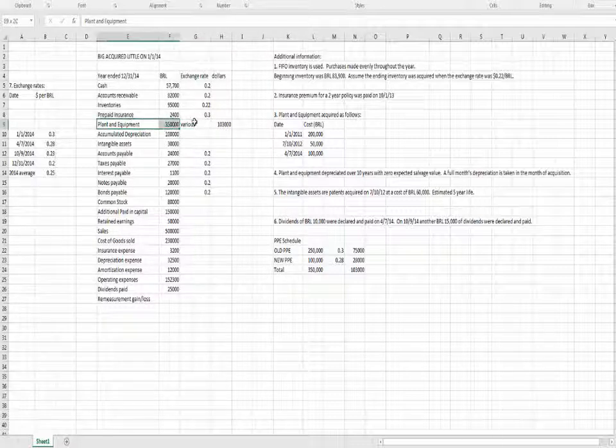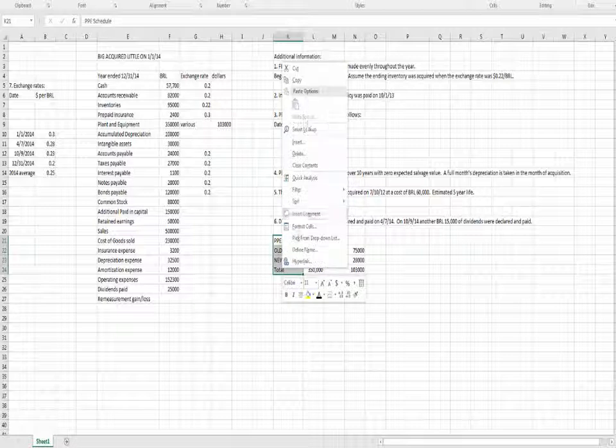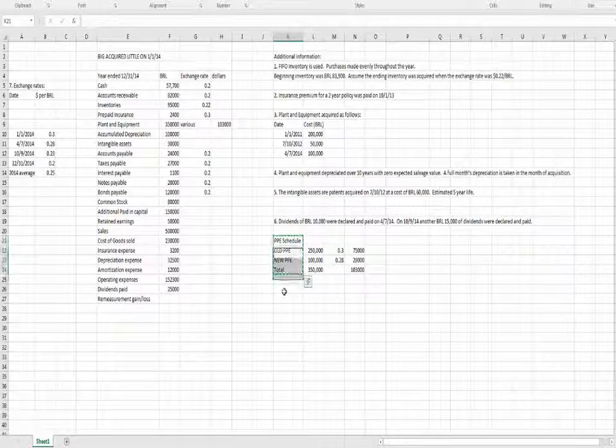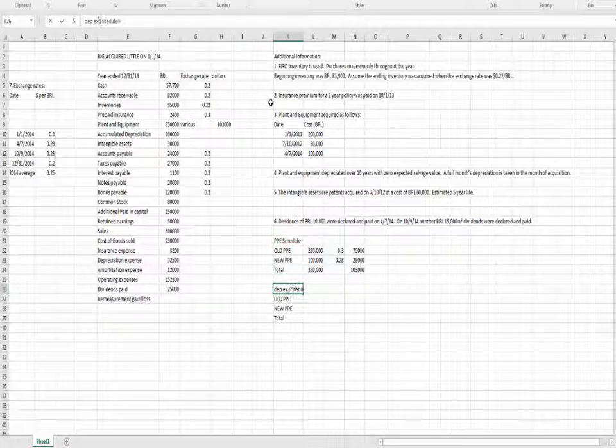While we're talking about property, plant, and equipment, let's also talk about the depreciation expense. And we'll have the same type of schedule here. But instead of being a property, plant, and equipment schedule, we'll call it a depreciation expense schedule. Again, we have a total depreciation expense of $32,500.